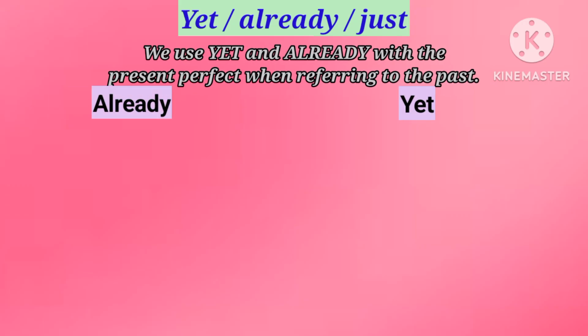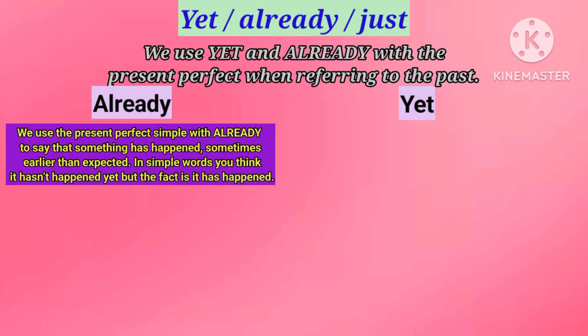All right, let's talk about yet, already, and just a little bit. We use yet and already with the present perfect when referring to the past. We use the present perfect simple with already to say that something has happened sometimes earlier than expected.